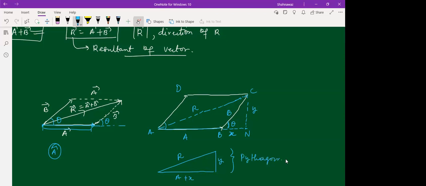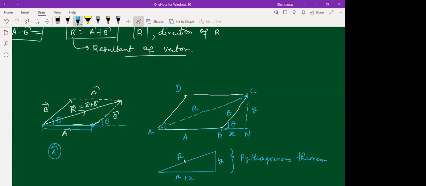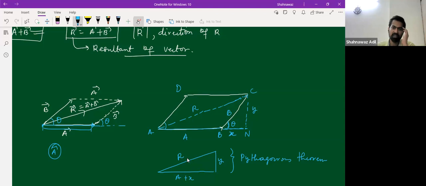So our aim is to find this X and this Y. Understood, guys?